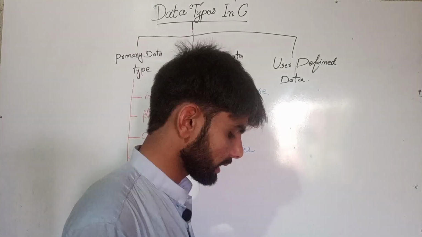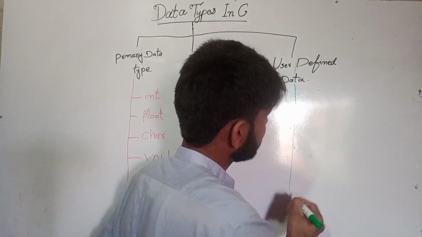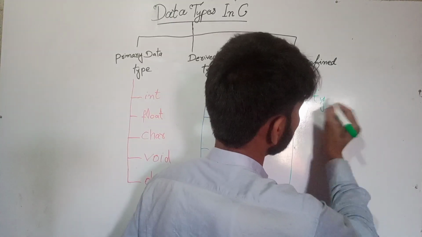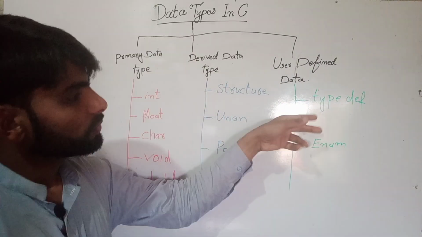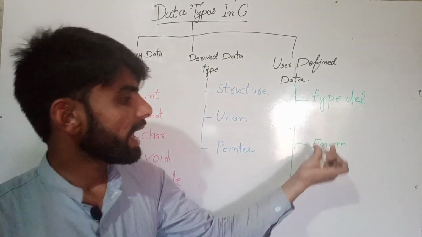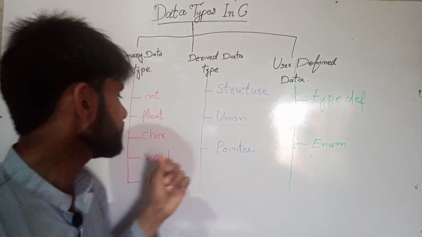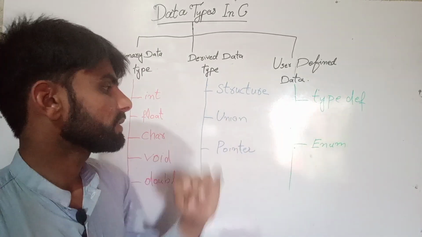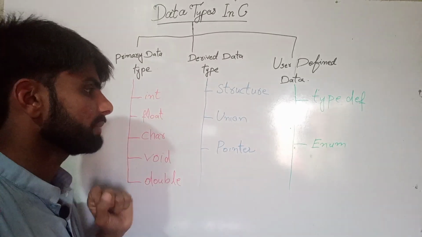Next, what are user defined data types? User defined data types are typedef and enum. Typedef means that the user makes their own data types by using int, float, these primary data types.